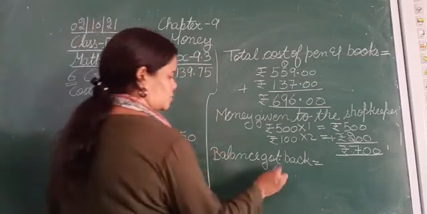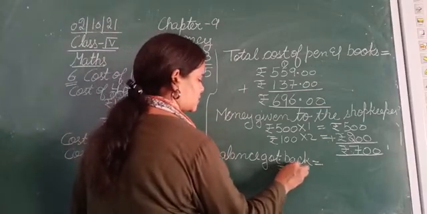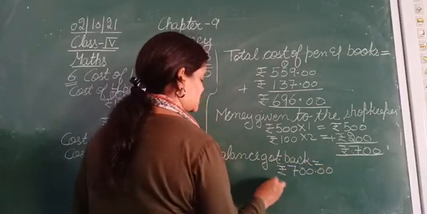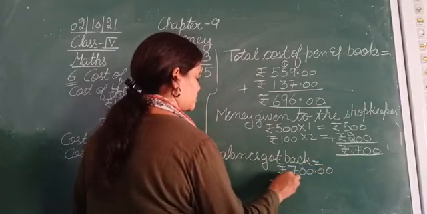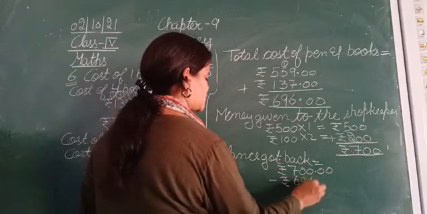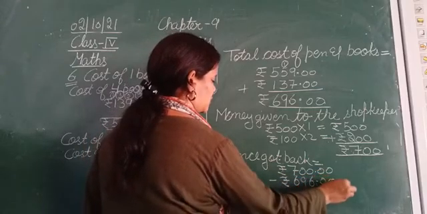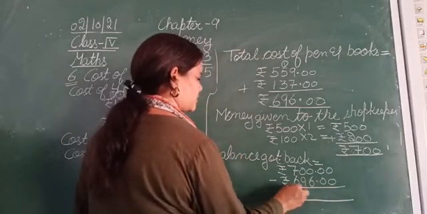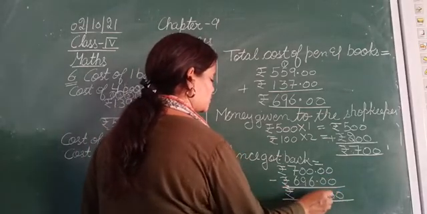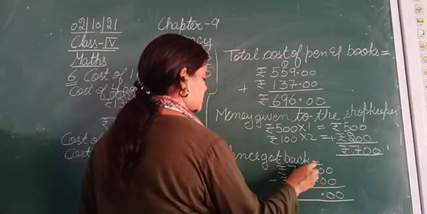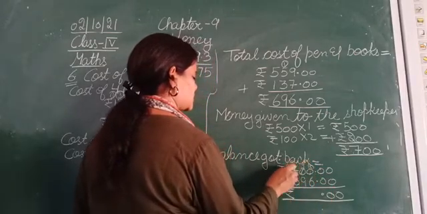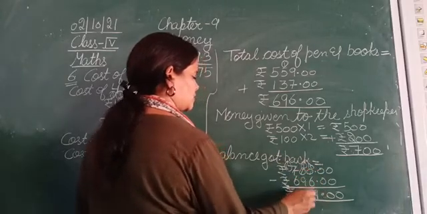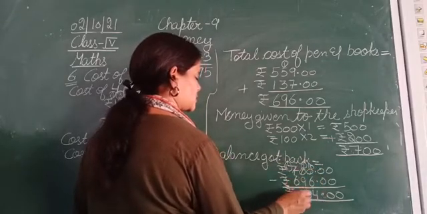So 700 rupees minus 696 rupees. This is the balance. 10 minus 6, 4, 9 minus 9, 0, 6 minus 6, 0.